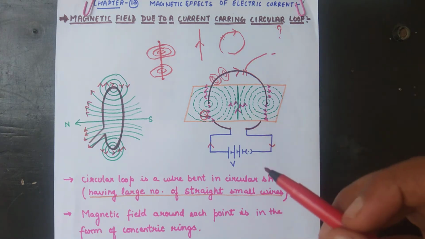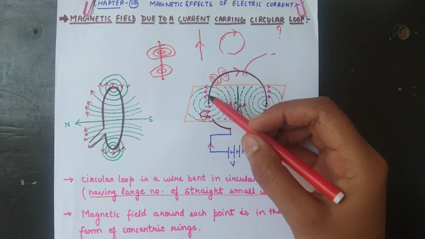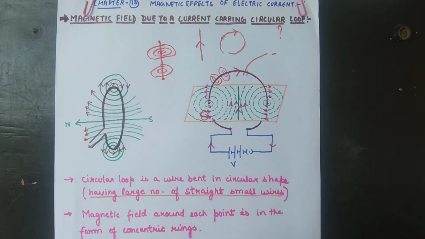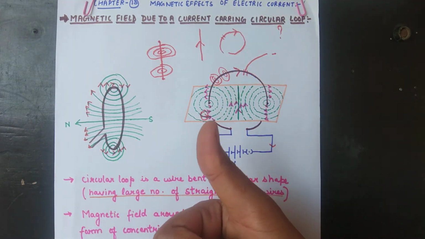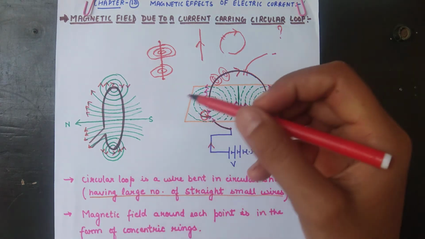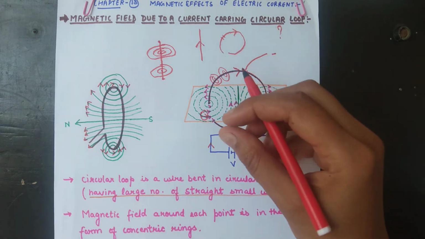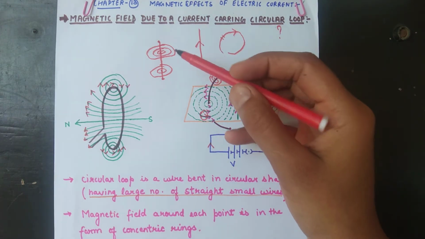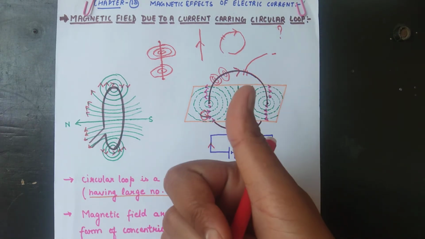Now one more thing: how can we detect the direction of the magnetic field lines of the circular loop? We can detect the direction of the magnetic field around a circular loop by the right hand thumb rule. We know that the smallest part acts like a straight current carrying conductor, and around a straight current carrying conductor we can detect the magnetic field using the right hand thumb rule.